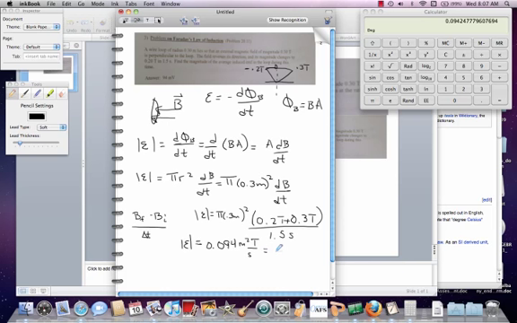And remember, 0.094, and so Tesla is a volt second per meter squared, and now if I multiply it times meter squared per second, with those units, I end up with volts. And now look at this, if I move this over 3 places, I end up with millivolts. So EMF is equal to 94 millivolts.